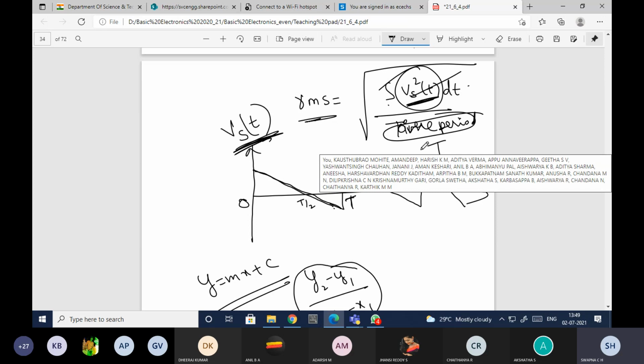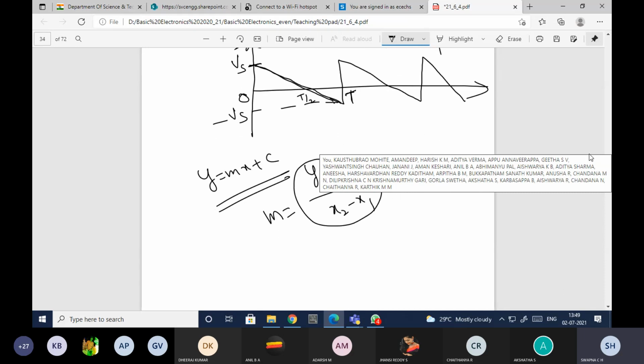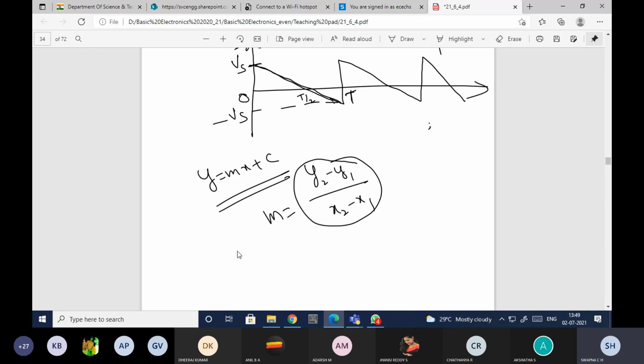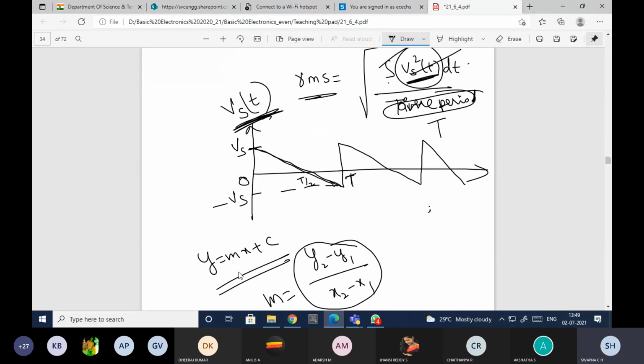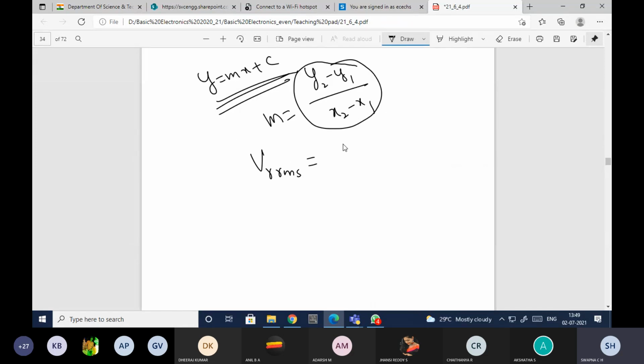Let me consider that this peak value is Vs and this peak value is minus Vs. When you try to take the RMS value for this sawtooth waveform, and substitute the equation of the straight line, you will get VRMS equal to Vs by root 3.